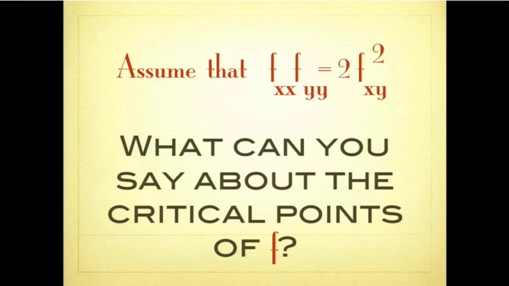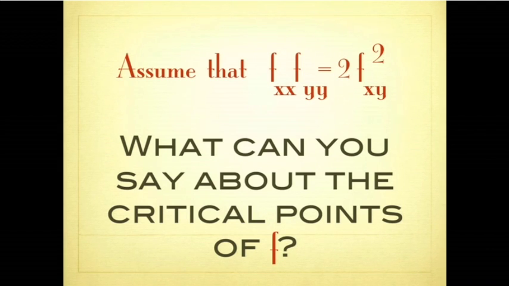So why is this true? Let's look at that. What do you know about D? D is equal to fxx fyy minus fxy squared. Now we know from this equation, which is by the way a partial differential equation, that this is 2 fxy squared.